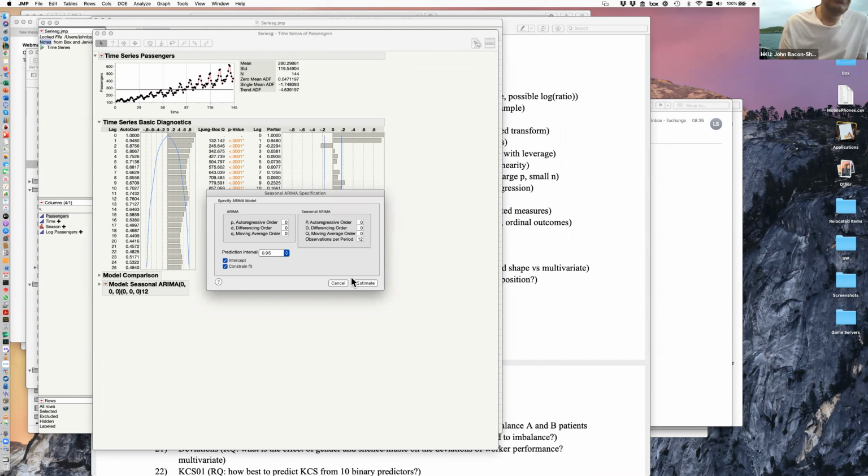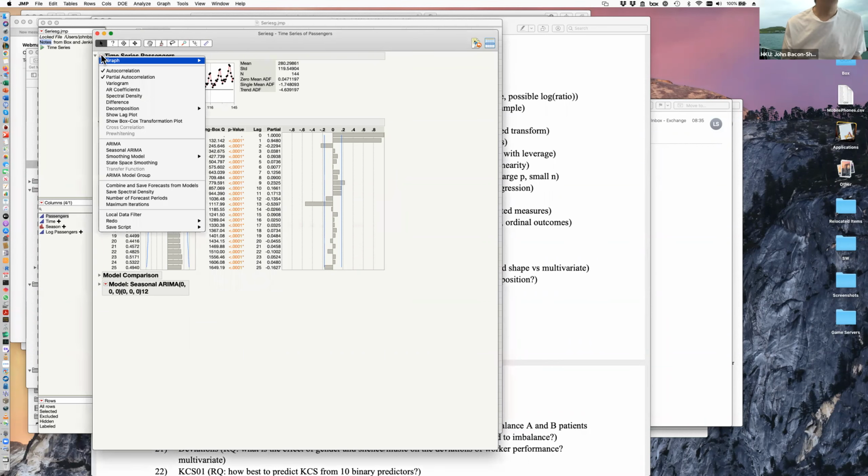That depends on whether we should be differencing the data or differencing the residuals of the data. For now, we're going to assume we don't know what to try here, so we can tell it to try a range of models. If we don't know which model to fit, we can try a set of ARIMA models within a range.